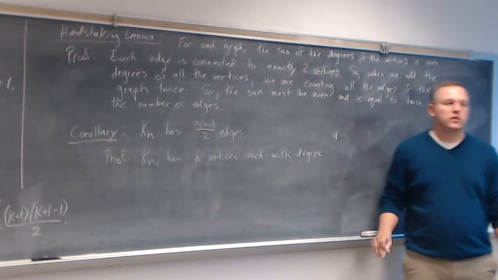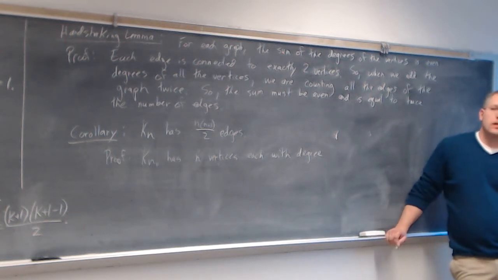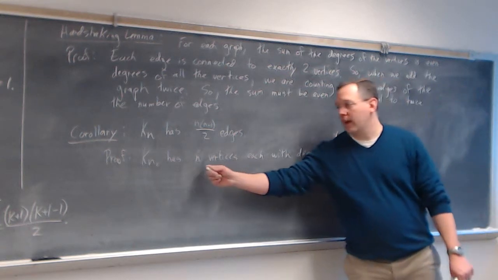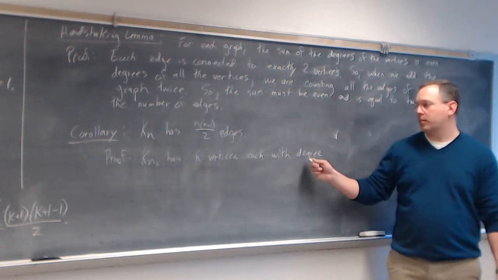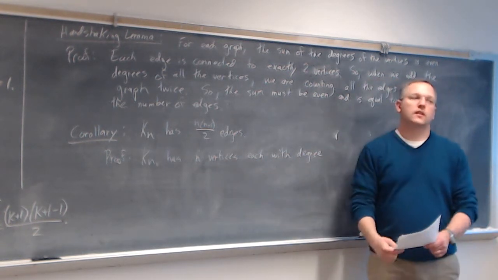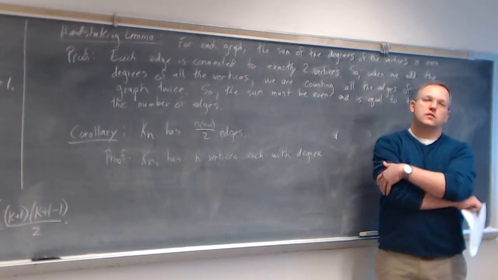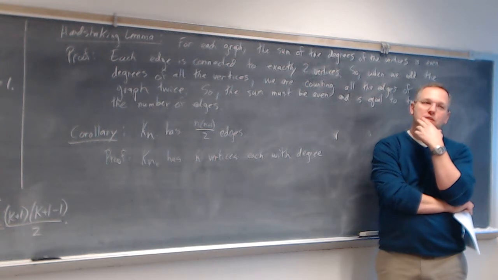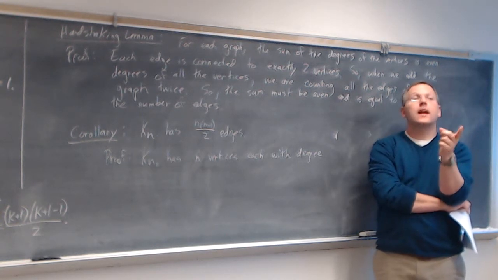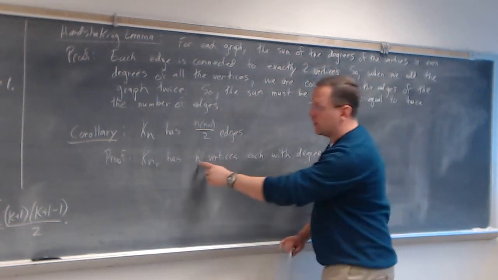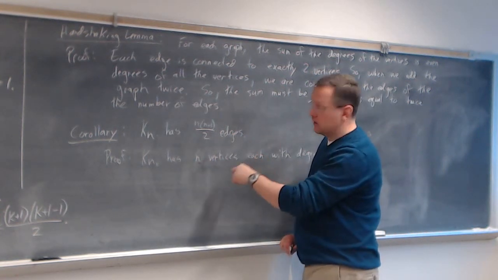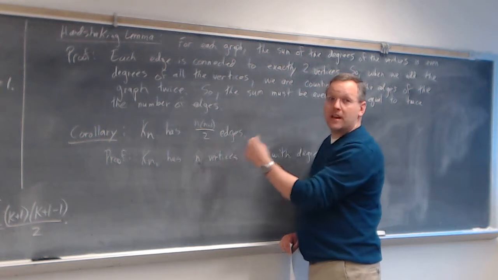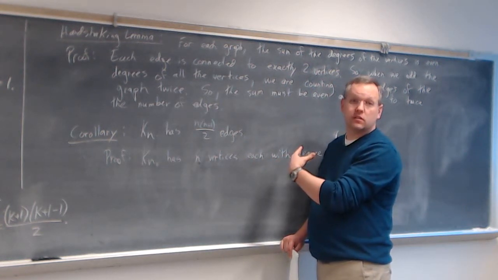What's the degree of each vertex? So if you have n vertices, how many edges would be connected to each vertex? Not n over 2. N minus 1. So if each vertex is connected to every other vertex, then each vertex is connected to n minus 1 other vertices.